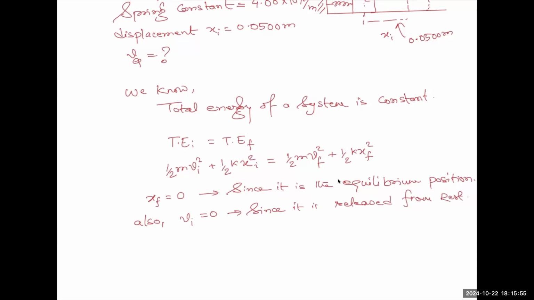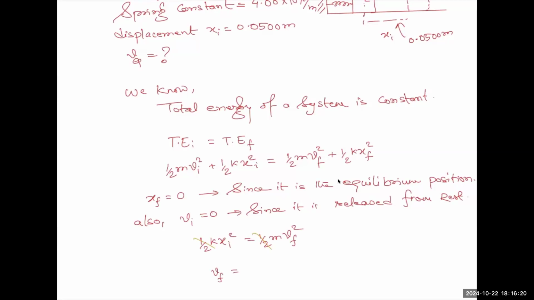Make sense? So now our equation would look like half k xi squared equals half m vf squared. And what do we need to find? We need to find the final velocity. So my vf equals what? I can just say this half cancels out, right?